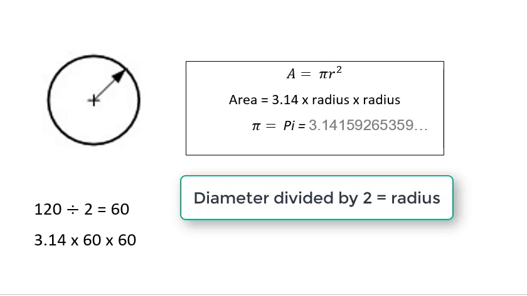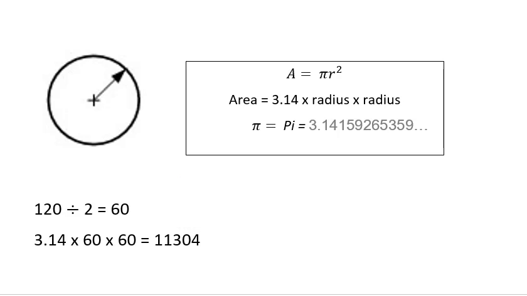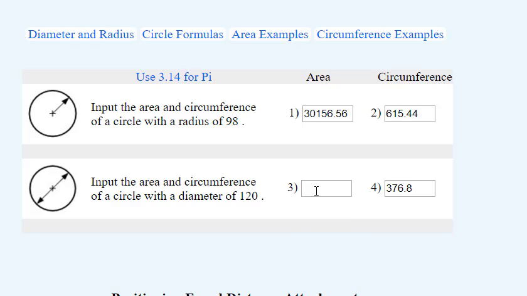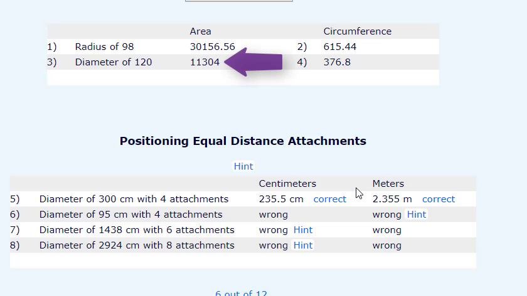And then we can plug in the formula. Pi, which is 3.14, times 60 times 60, since it's the radius squared. So let's put the value of 11304 in on the website. And it is correct.